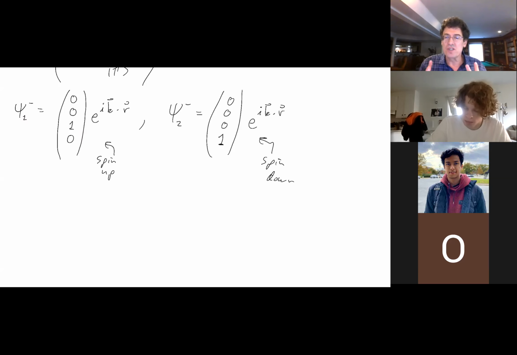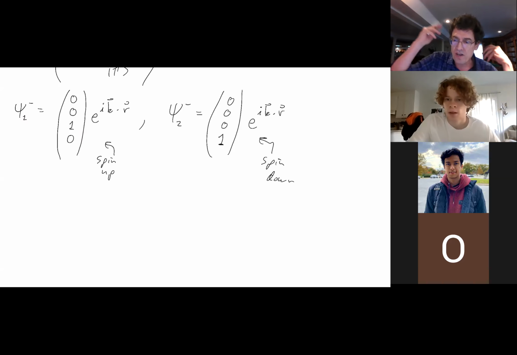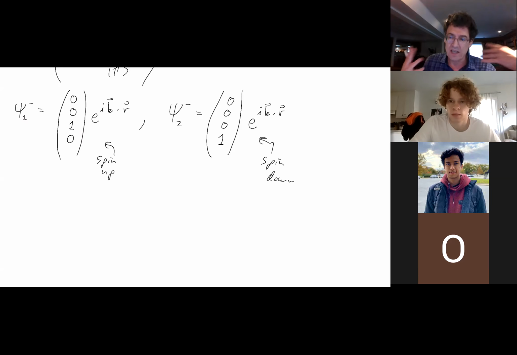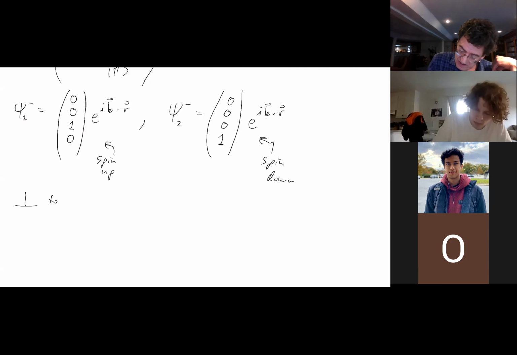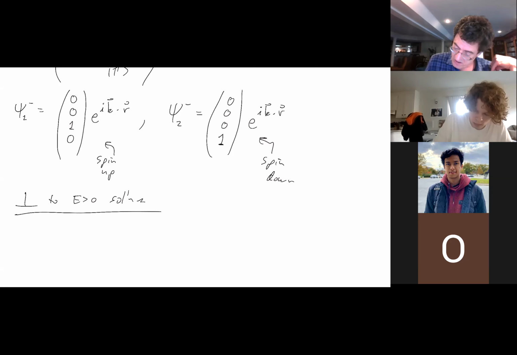But notice these solutions are in a whole different dimension. These are orthogonal eigenstates. They are orthogonal to the positive energy solutions. These are new solutions, the negative energy solutions.